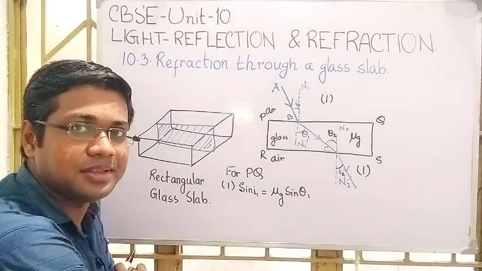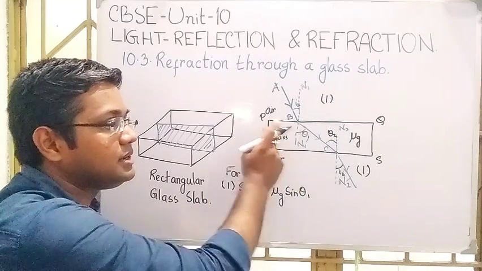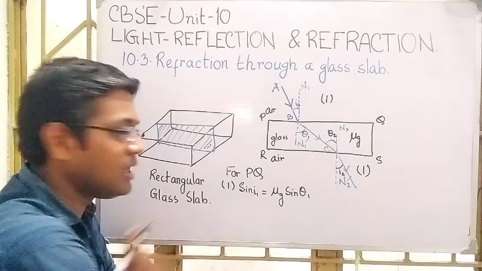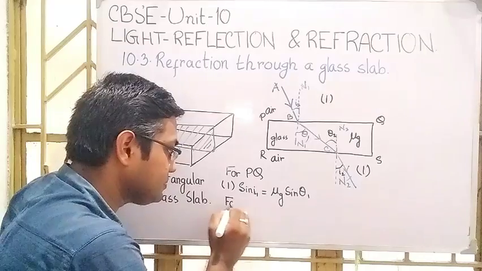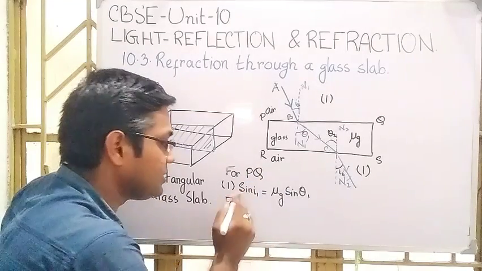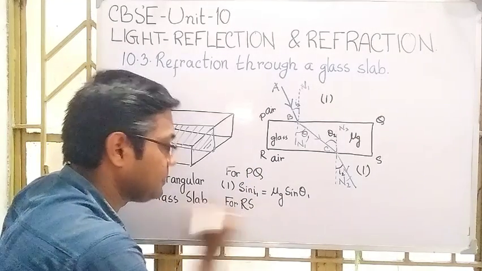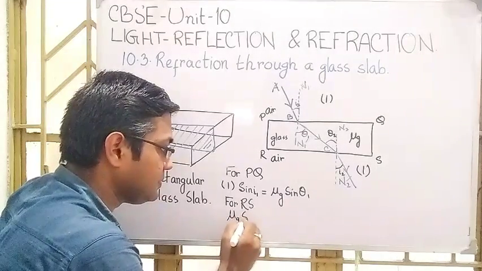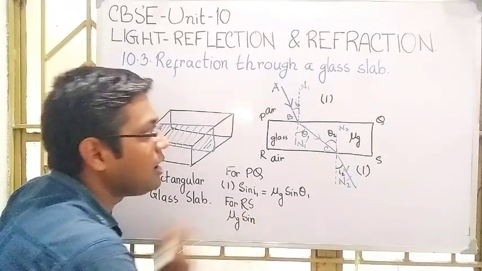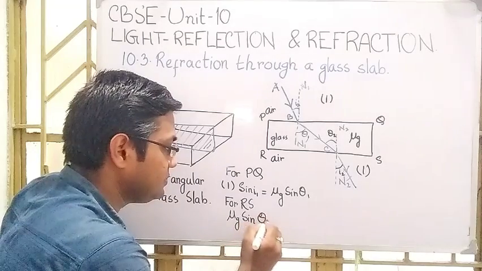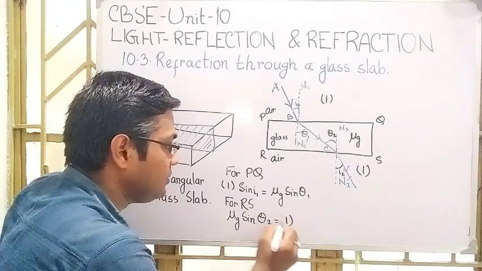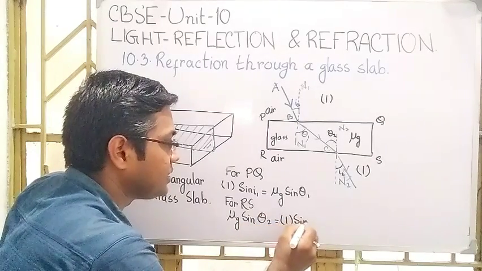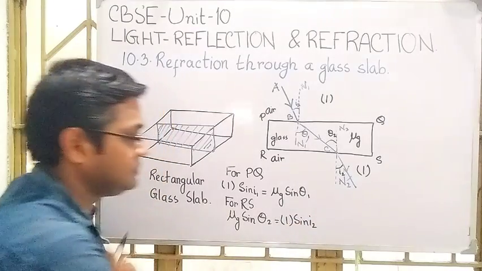This is for the first interface. For the interface RS, mu g into sin theta 2 equal to 1 into sin I2.